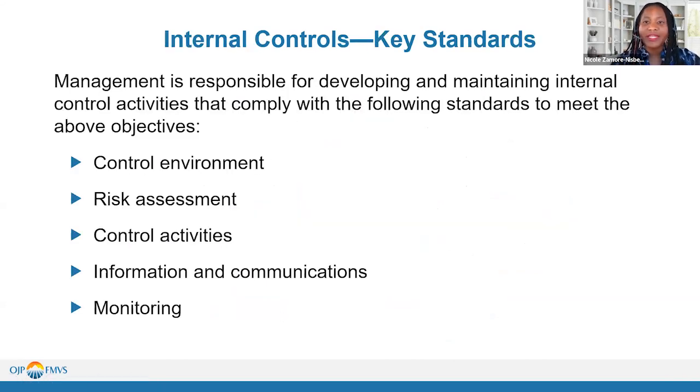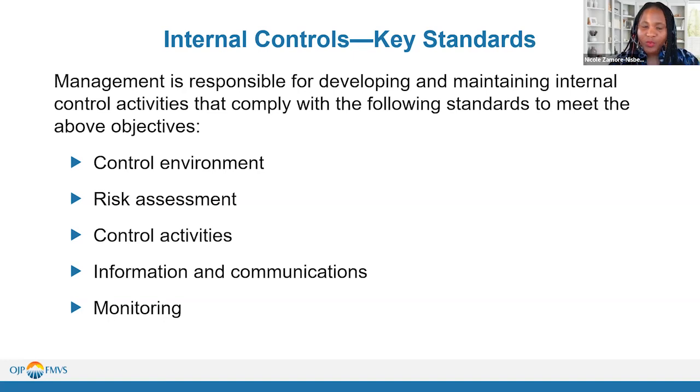Now we're going to go over the key standards. When you're discussing the key standards for policies and procedures, they should meet certain objectives, and that's what we're going to review here. First, we're talking about a controlled environment. This is basically your work site, the place where your organization is housing all of your employees.